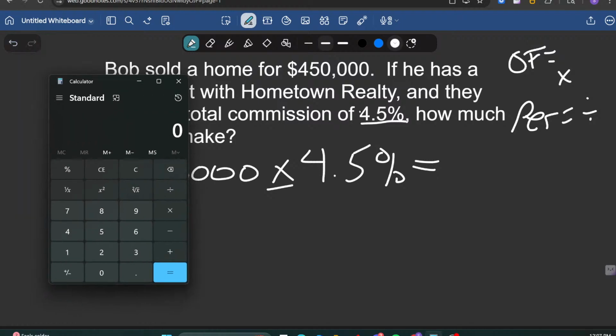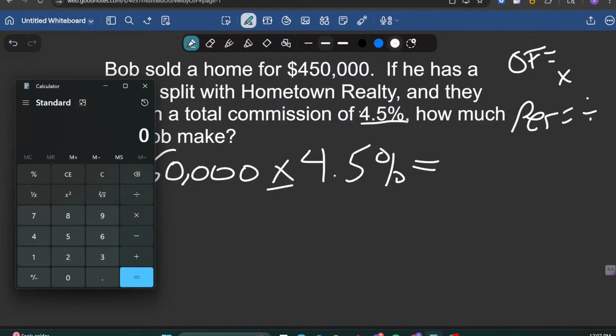I want to show you a little trick. Mrs. Stu showed me this trick, and she told me that this is a perfect way to help people that struggle with converting the percentage to a decimal. So, you ready? Situation is this: 4.5%.